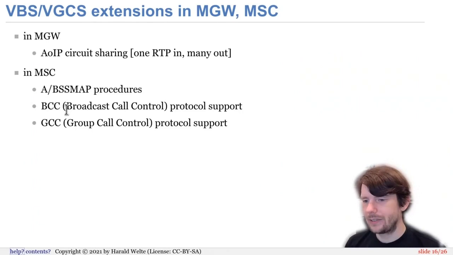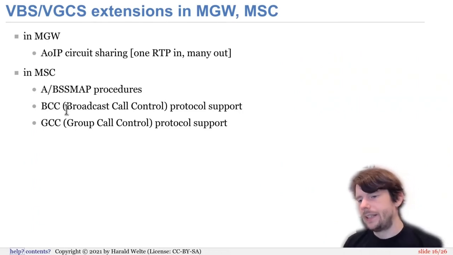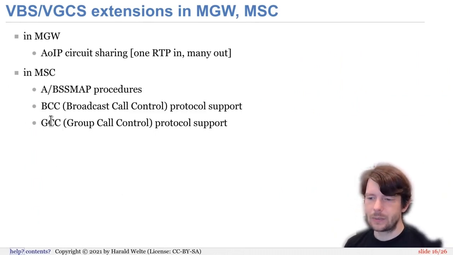So you need this kind of circuit sharing or duplication of audio streams. And the real logic really needs to happen in the MSC. There are these additional A interface procedures, and then there are new protocols, the BCC, the broadcast call control, and the GCC, the group call control, that get added and that have associated state machines and so on.